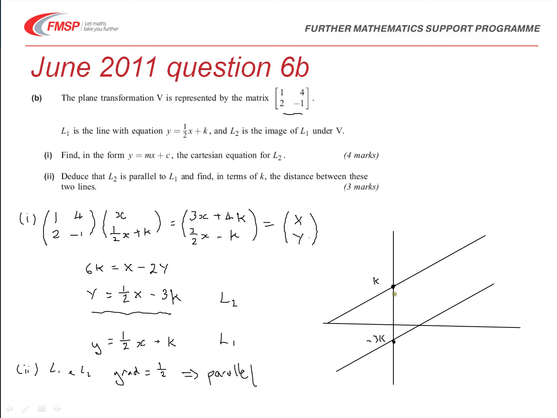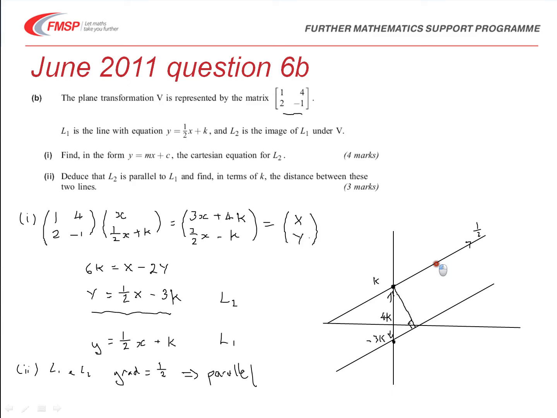But the key thing is then, if that's the case, that the distance from here to here along the y-axis is 4 lots of k. Now the other thing we know is that this gradient is a half. And what we require is this perpendicular distance between these two lines.